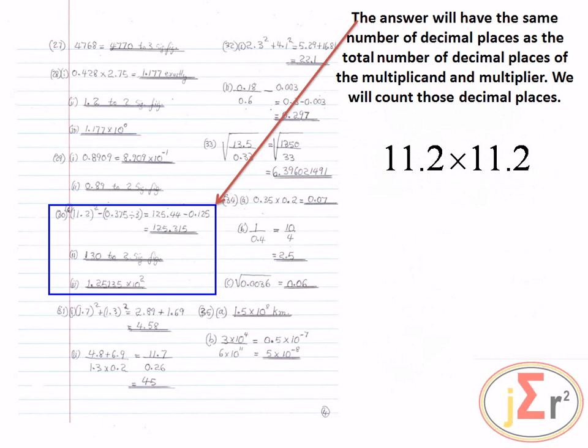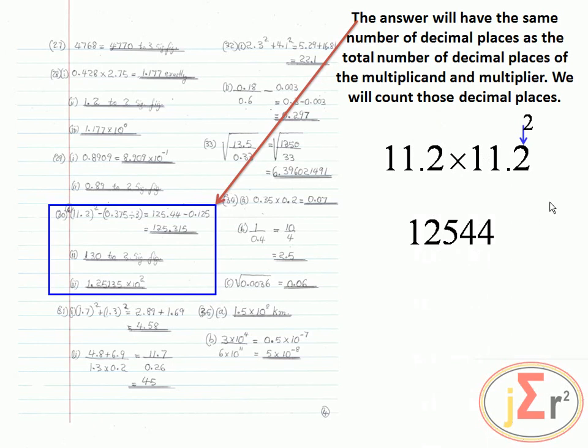The answer will have the same number of decimal places as the total number of decimal places of the multiplicand and multiplier. We will count those decimal places. 1 there and 1 there. So we have 2 decimal places.